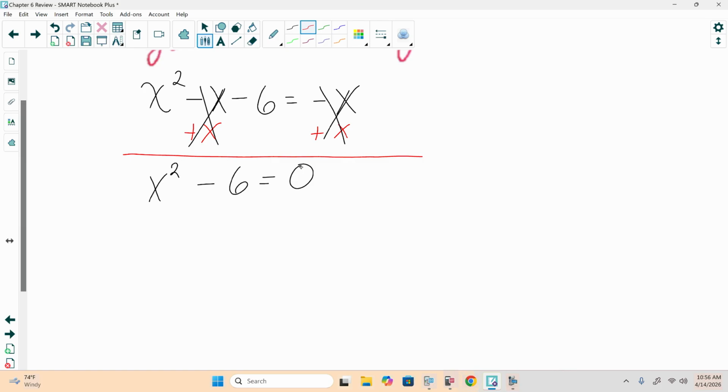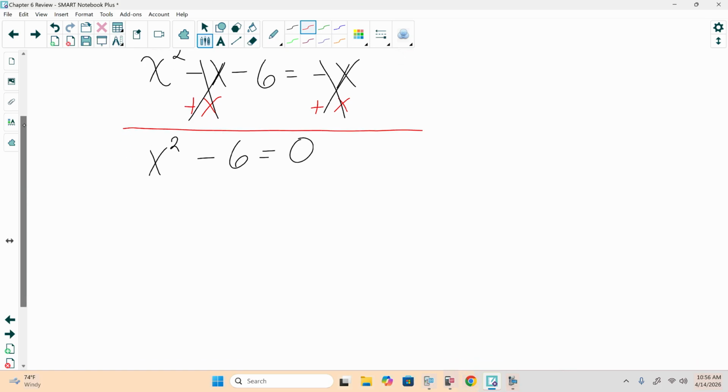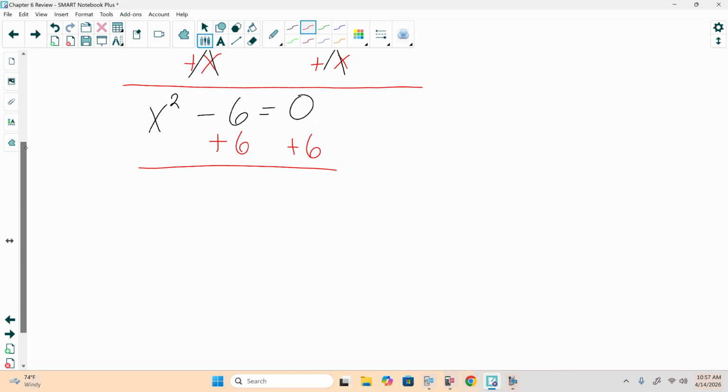But because we do not have a middle term, we can use the square root method. We're going to get x squared by itself. And to do that, we're just going to add 6 to both sides, telling me that x squared is equal to 6.